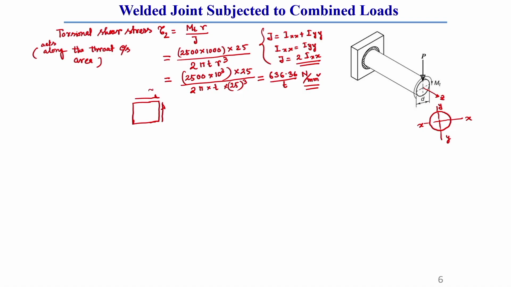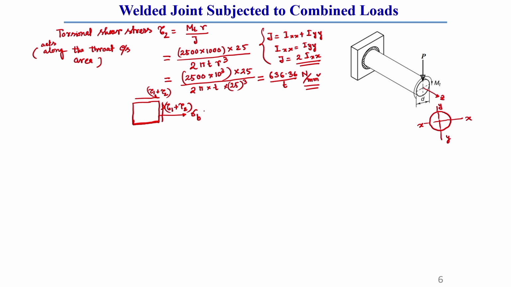So, here it will be tau 1 plus tau 2, the resultant shear stress, and there will be a bending stress which acts perpendicular to the throat cross sectional area.